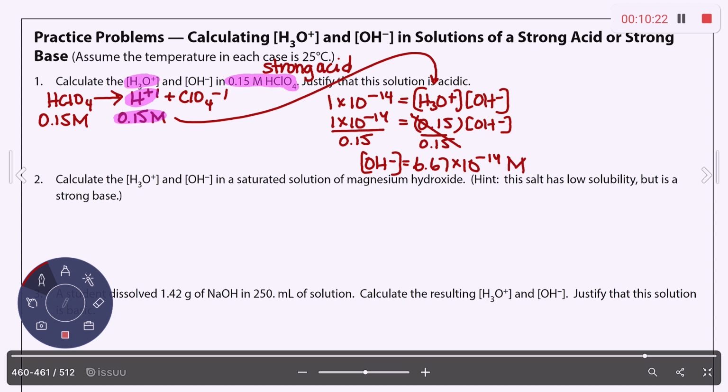Well, the concentration of hydrogen ions is 0.15, so isn't that a lot bigger than this number? So since your hydronium is greater than hydroxide, that means this is an acidic solution. I'm assuming you know that the 3 dots mean therefore. Okay, I'm going to skip number 2. Let's go to number 3.